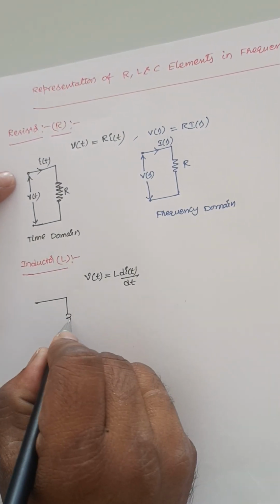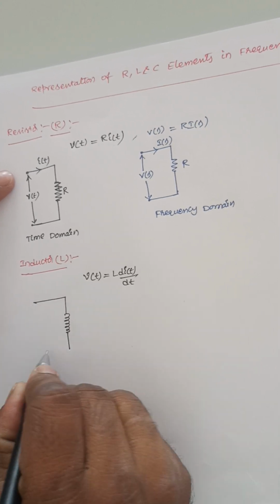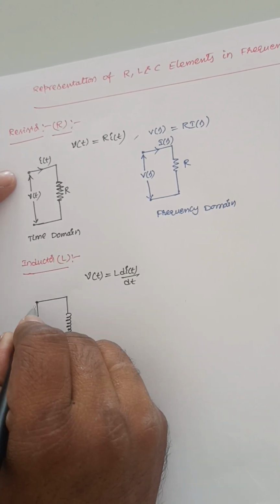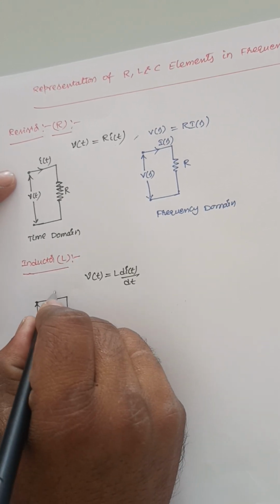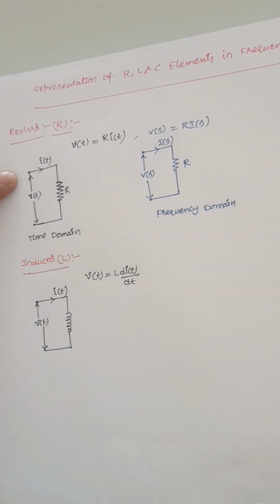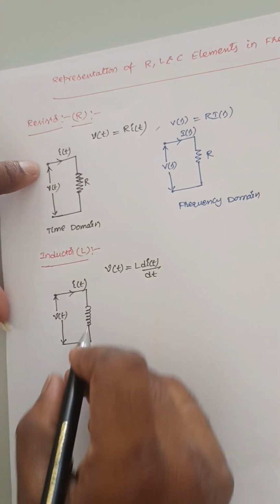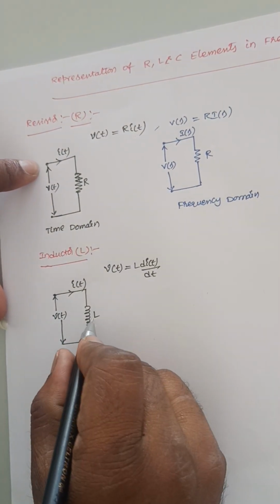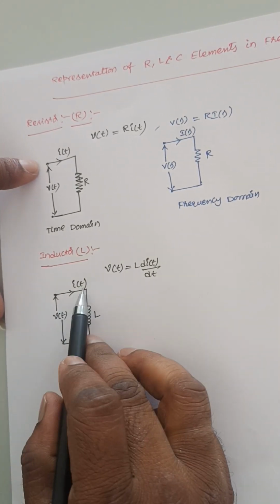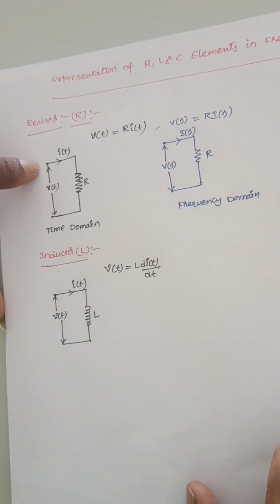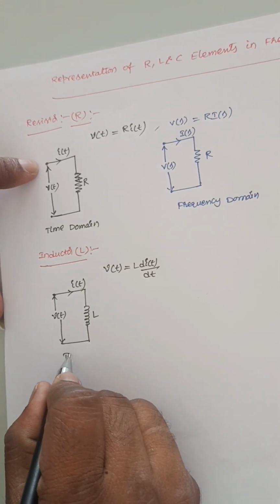Suppose it is an inductor, the voltage across the inductor, let us assume it is V of t, and the current that is flowing through this inductor is I of t. Then this is the value of the inductance L. The relation between the voltage and current in an inductor is this one. So it is time domain representation.